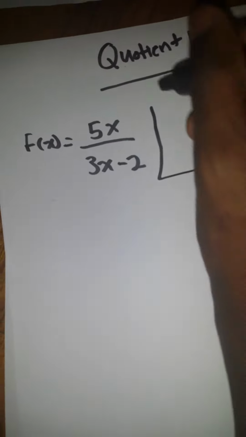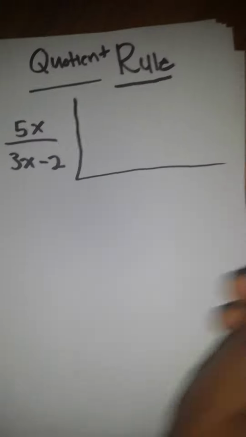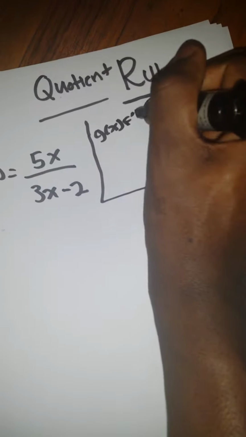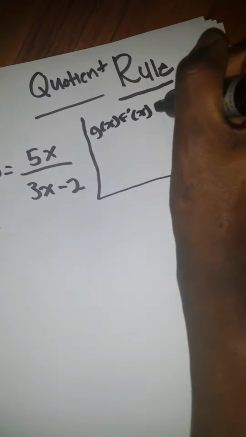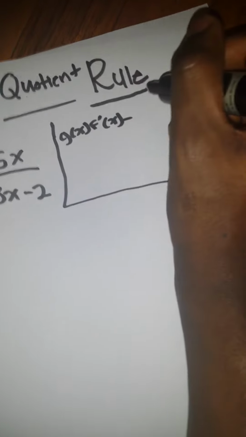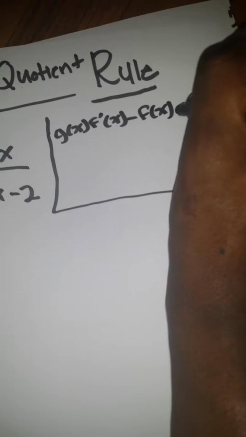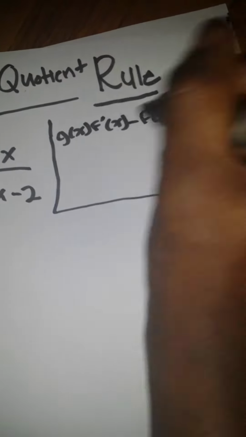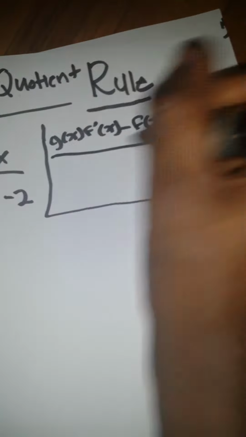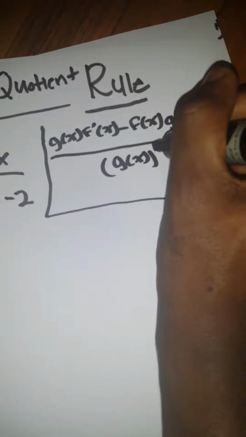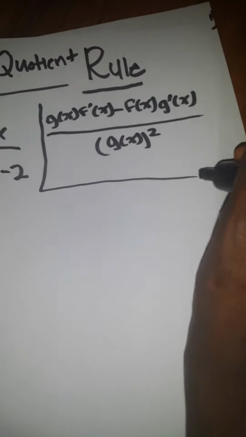So the quotient rule states, let's make a box for the quotient rule. The quotient rule states: g of x times f prime of x, minus f of x times g prime of x, all over g of x squared.